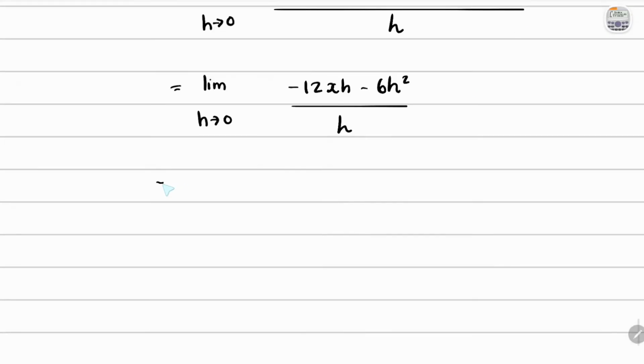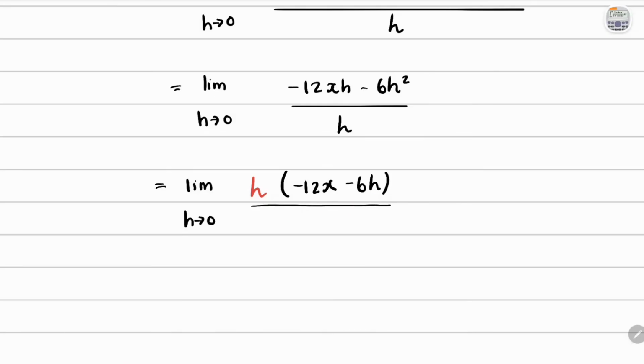And now we can finally take out a common factor. And remember, the whole goal is so that we can substitute 0. But the thing is, if you substitute 0 right now, your denominator will be 0. So we want to avoid that. So the limit as h approaches 0, and then we'll take h out as a common factor. In the first term, what will be left? That will be -12x. And in the second term, you'll be left with -6h.